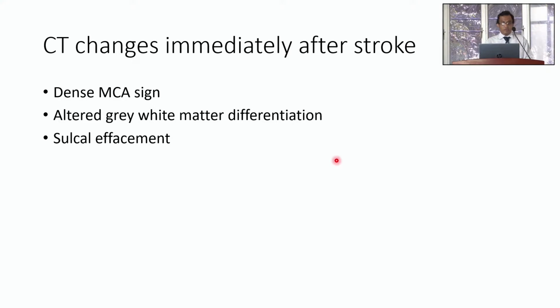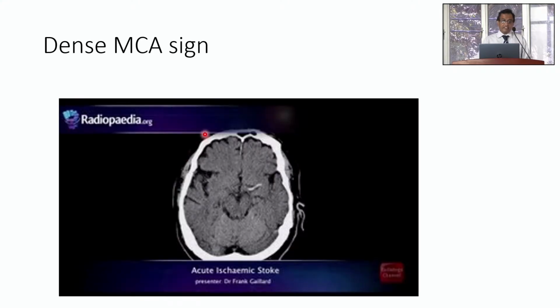Then I will move on to the CT changes immediately after stroke. Some subtle CT changes occur immediately after stroke, including the dense middle cerebral artery sign, altered gray-white matter differentiation, and minimal sulcal effacement. These are three radiological signs that occur immediately after stroke. This is an example of the dense middle cerebral artery sign. You can see a cord-like hyperdense area along the left middle cerebral artery.